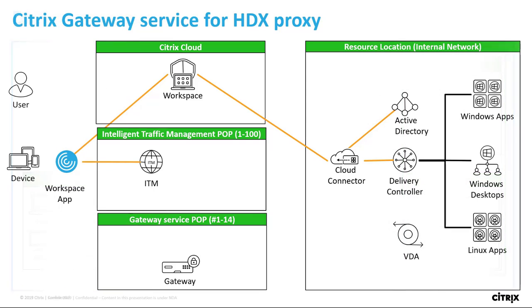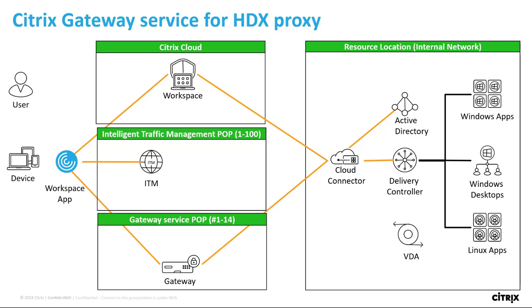And so now we have that public IP address of the nearest Citrix Gateway to access from the Workspace app. Our next step is going to be to contact the Gateway Service POP. The user is going to establish a connection with the Gateway Service POP, and in a token that it carries, including its authentication information, its STA, it's going to carry a resource location identifier.